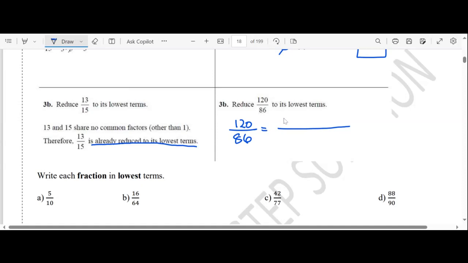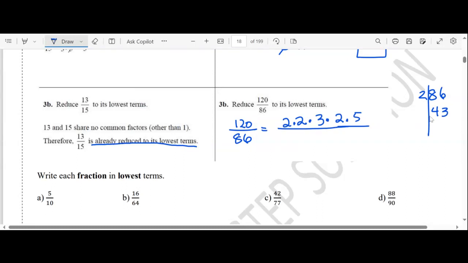So 120 is what by what? 2 times 2 times 2 times 3, correct? Times 10. 10 is what by what? 2 times 5. 86. Divide by 2, what do you get? 43.